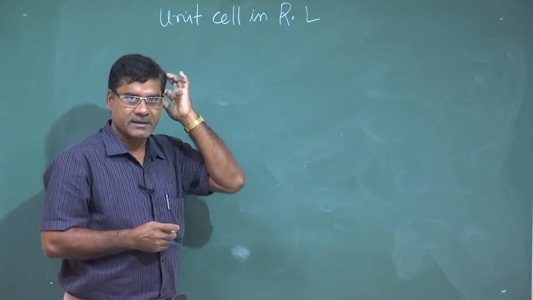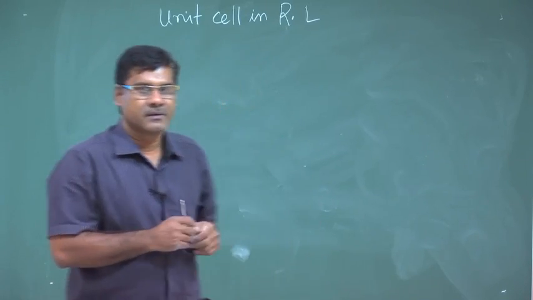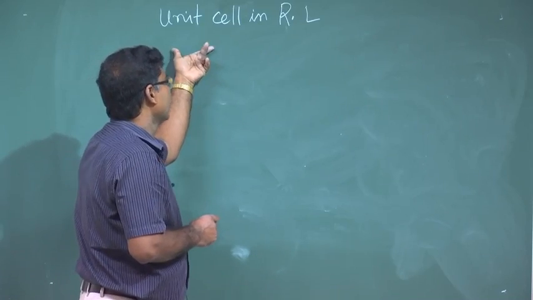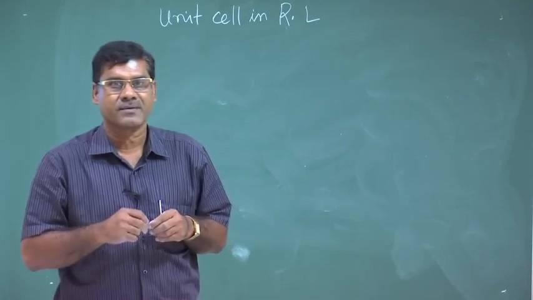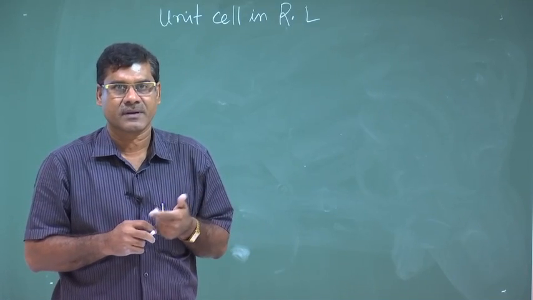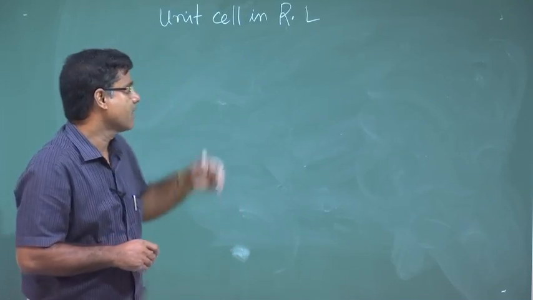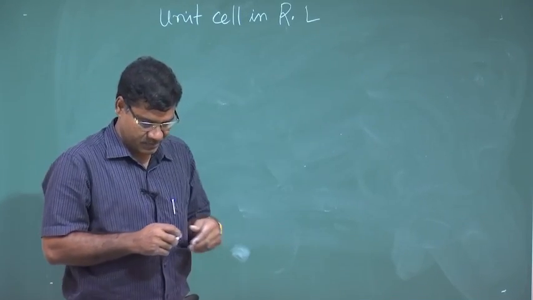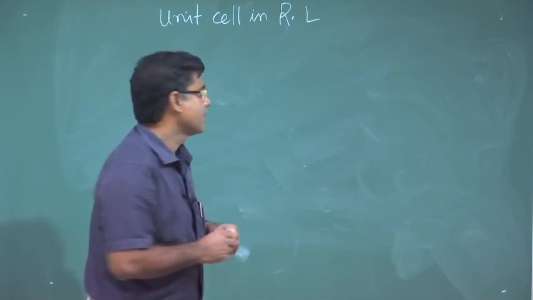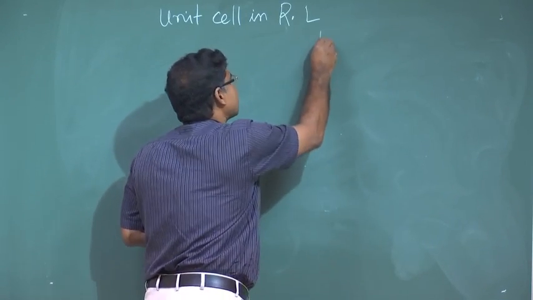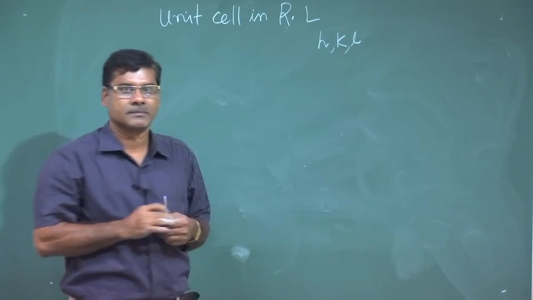So in reciprocal lattice also we locate the point, the reciprocal lattice point, and how we identify or locate that reciprocal lattice point, that we have already discussed, is the parameter HKL. Okay.